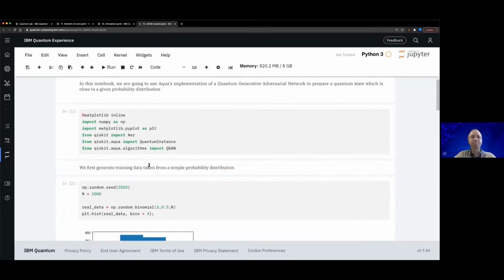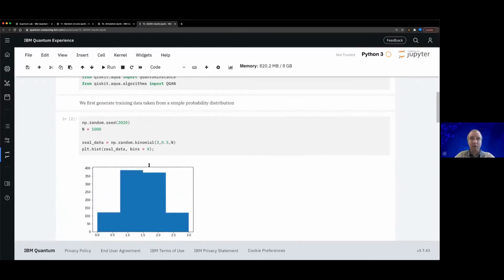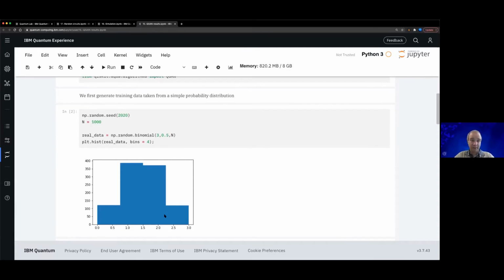Okay, so what I'm doing here is a very simple task of learning one of these random distributions I was telling you about. What I chose was just a simple binomial distribution, which after sampling gives me this histogram here, which is the data that I'm going to use in order to train the network.